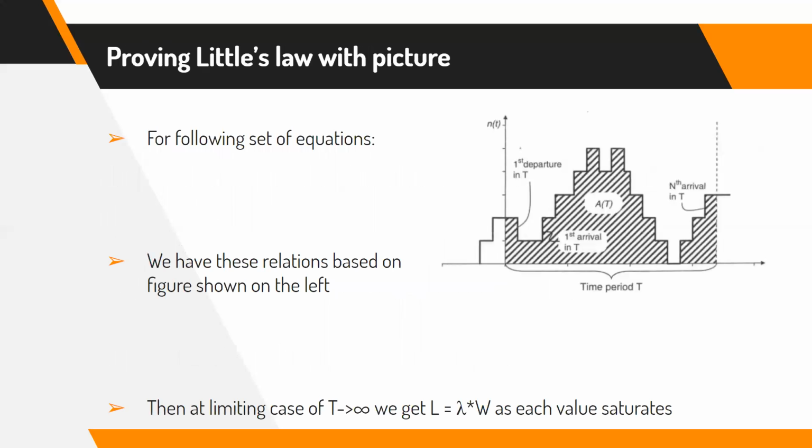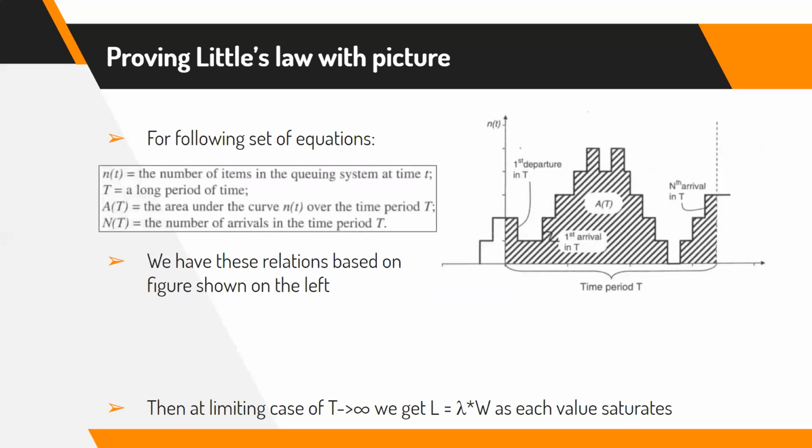Now next, let us see the proof of Little's Law with the picture. On the right, we can see a figure where in a time period T, different arrivals and departures are happening in a queuing system. First we can model some basic quantities with these equations.